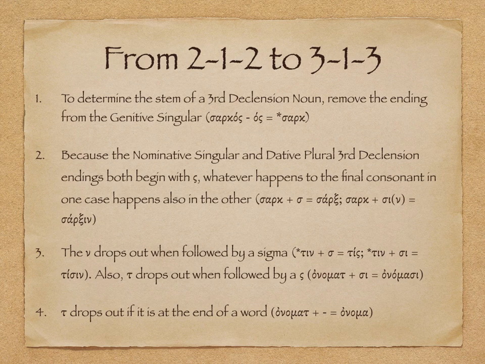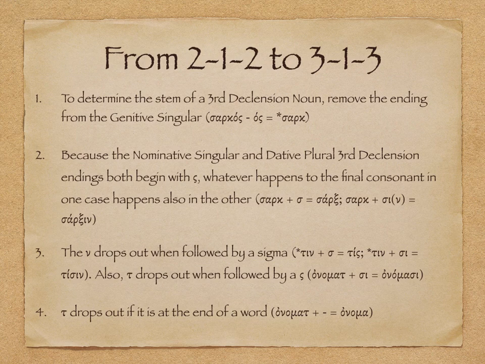Think of sigma as strong, strong enough to knock out a nu, to knock out a tau. Sigma, as Mounce notes, is sort of the issue with third declension. It's not a problem issue. Just recognize that in Greek it is a strong consonant and it knocks out other consonants.